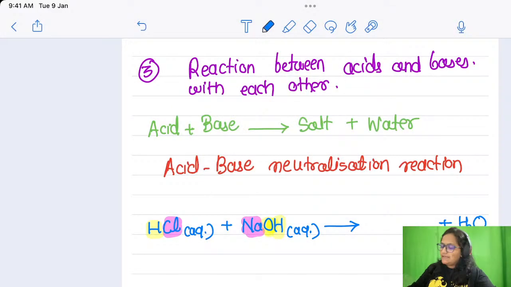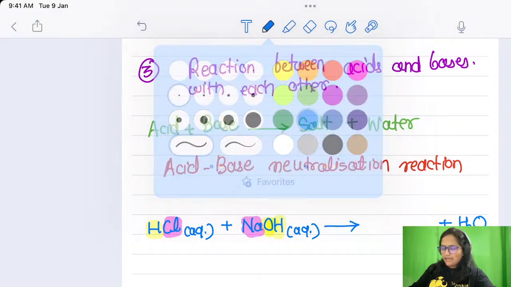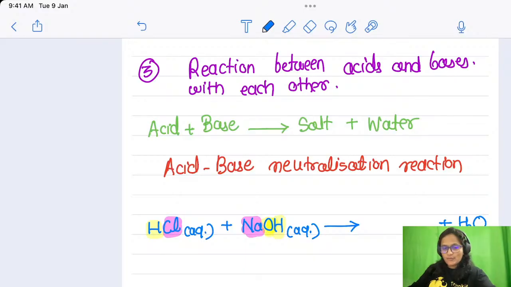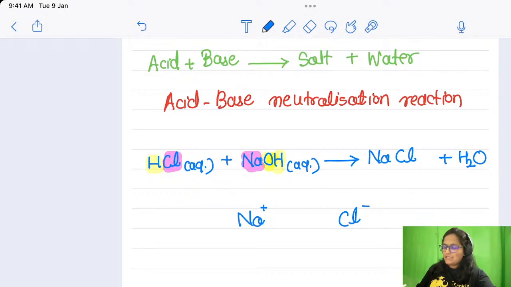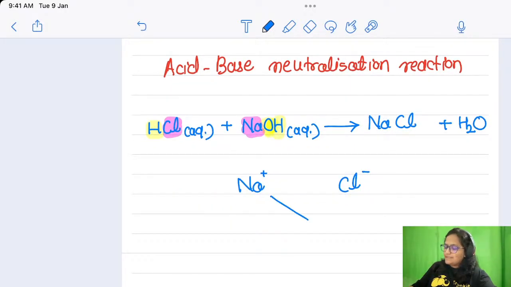In this Cl and Na, we know that Na is the positive and Cl is the negative part. Therefore we write Na first and then Cl. The charges on Na and Cl are +1 and -1, so the charges already cancel out and the formula is NaCl.